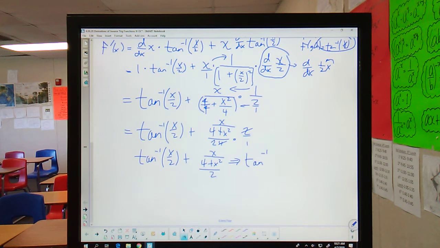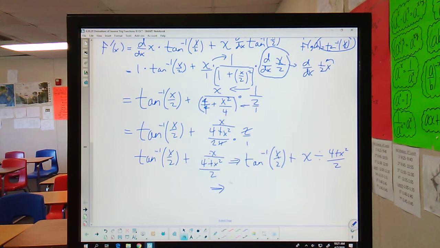Inverse tangent of x over 2 added to, isn't it, x divided by 4 plus x squared over 2, all right? This x is over all this down here on the bottom, so it's like a big division sign. And how do we divide fractions?